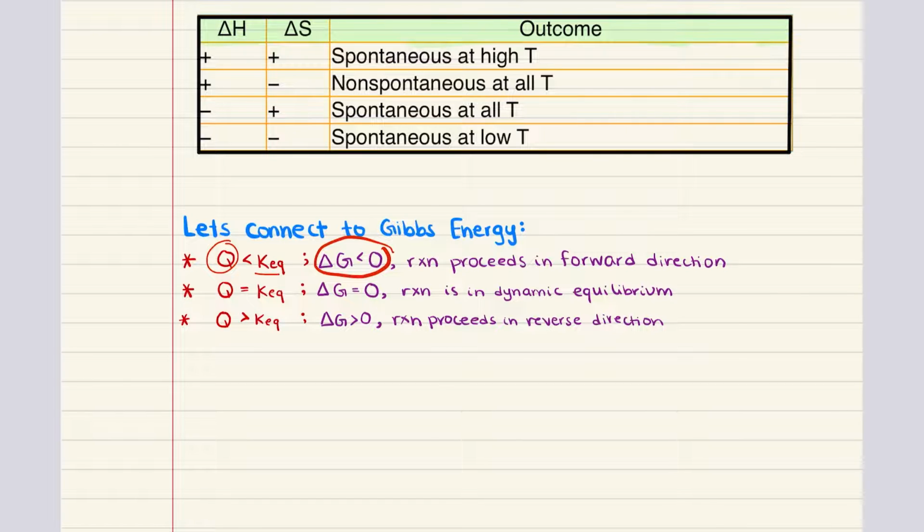When delta G is greater than 0, then the forward reaction is going to be non-spontaneous. Instead, the reaction proceeds in the reverse direction. In this case, Q is larger than KEQ. The reaction quotient is larger than the equilibrium constant.